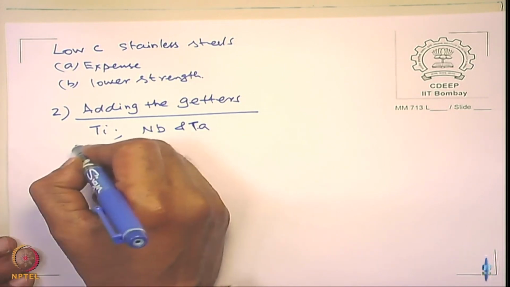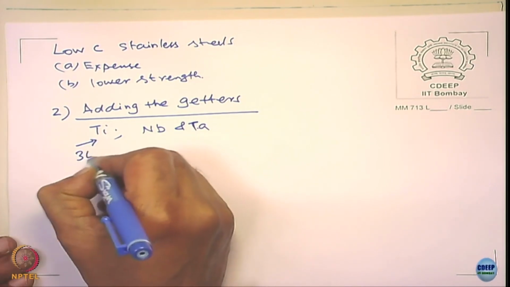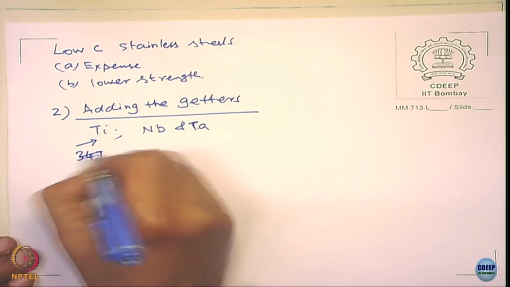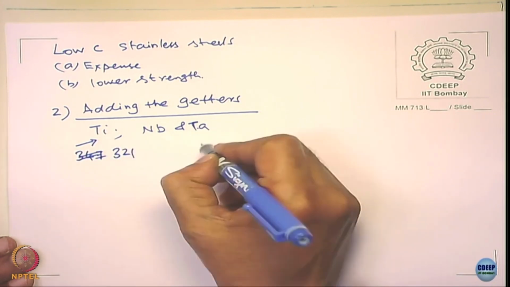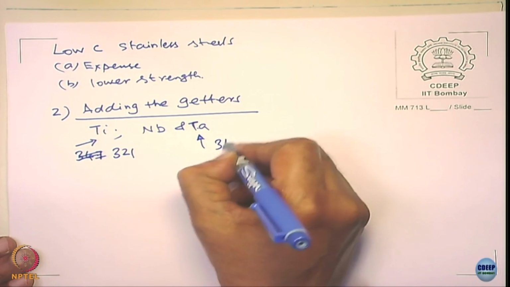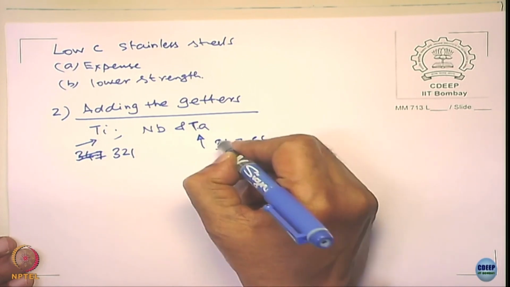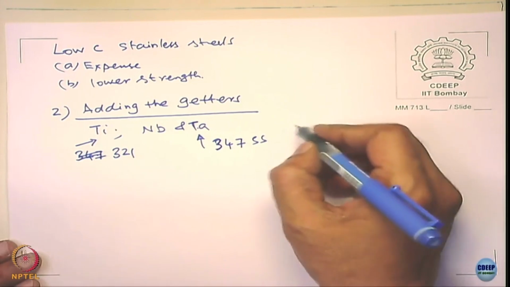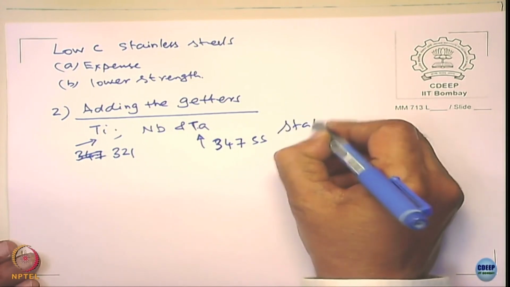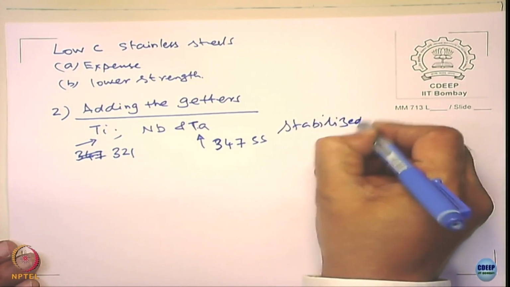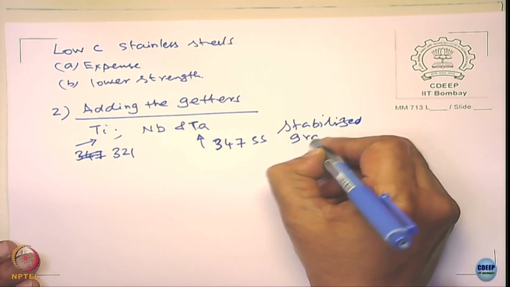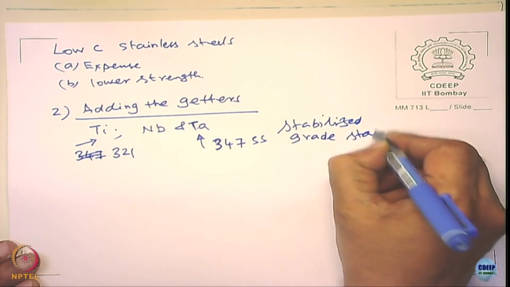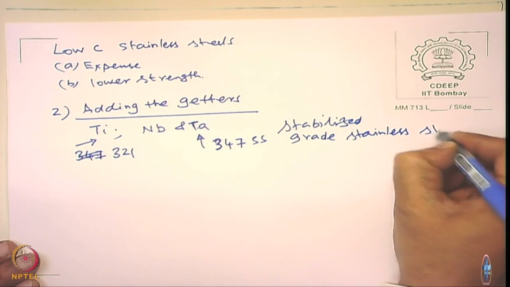The titanium-added stainless steel is called 321, and this is called 347 stainless steel. So, two types of stainless steels have emerged. These are called stabilized grade stainless steels.